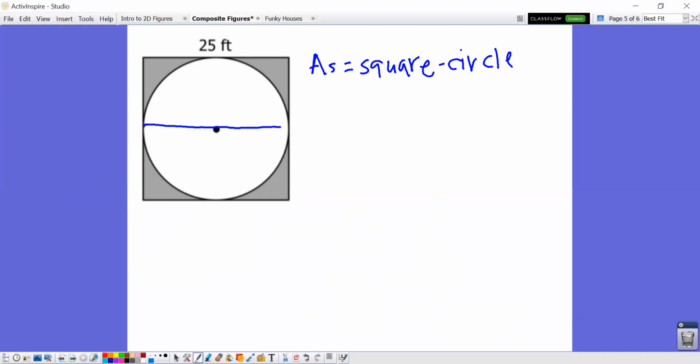If it is 25 feet wide for this figure on the outside, that's the diameter of the circle. That means that this diameter vertically has to also be 25 feet.